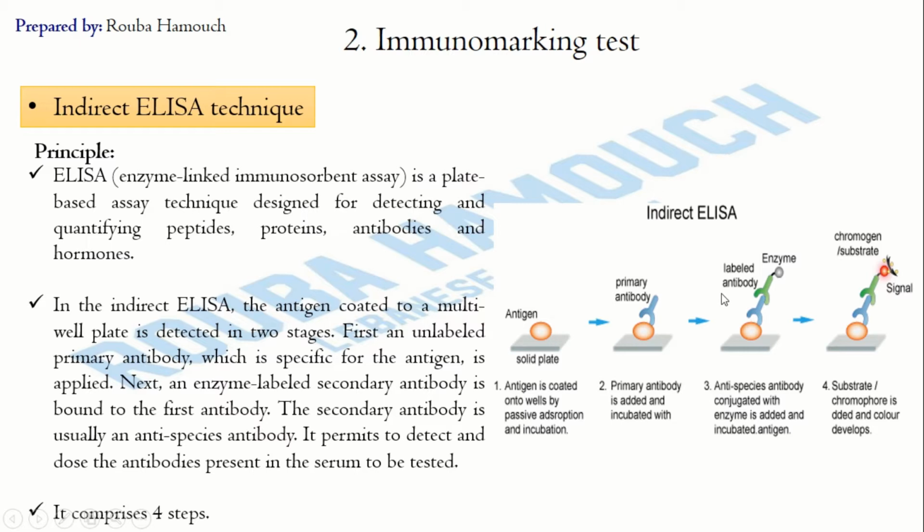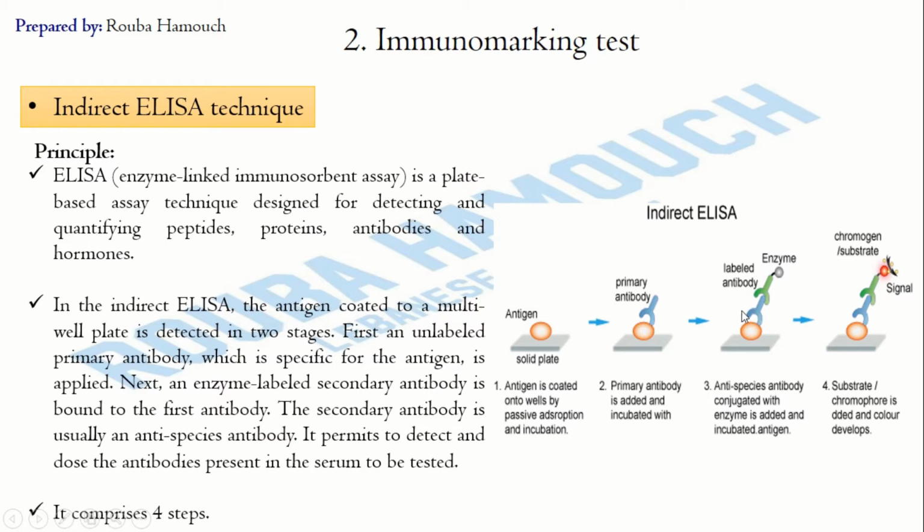Then an enzyme labeled secondary antibody is used in order to detect the presence of the primary antibodies. The secondary labeled antibody is specific to the primary antibody. It binds to its constant region.